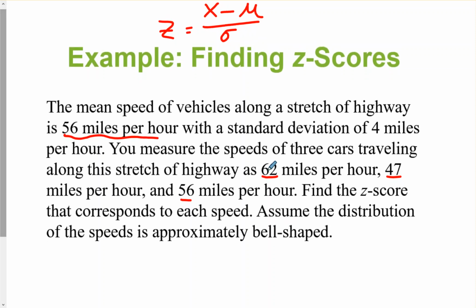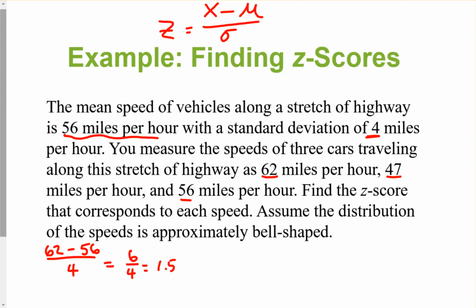For our first one we would have 62 minus 56 over our standard deviation of 4. So that would be 6 over 4, which is about 1.5. So about 1.5 standard deviations, above the mean.